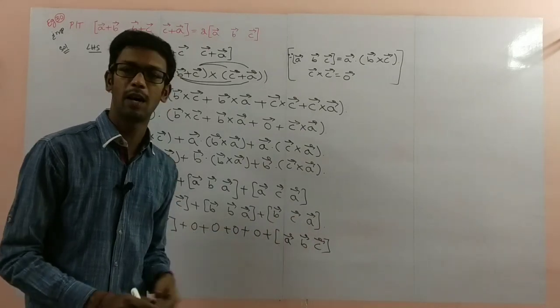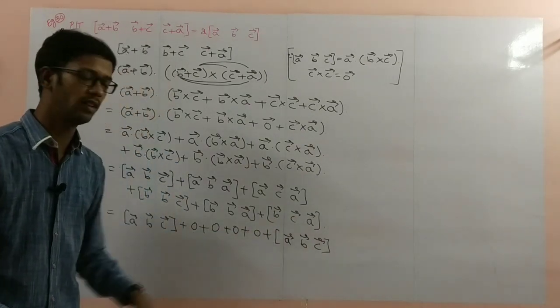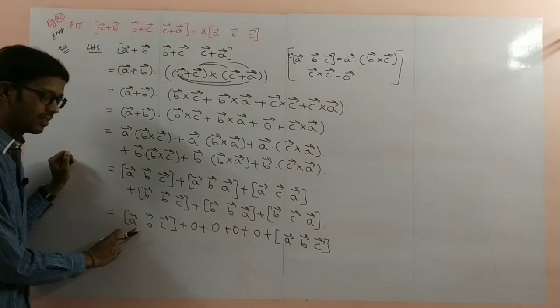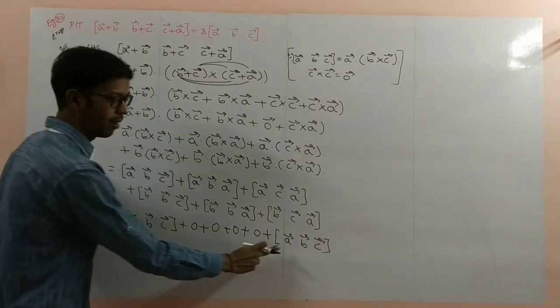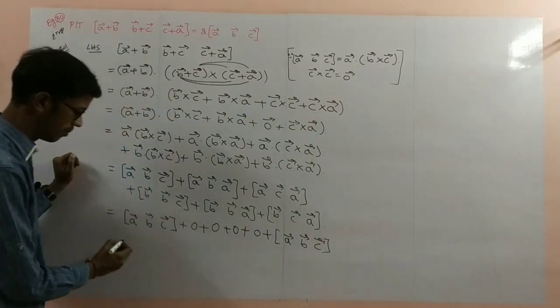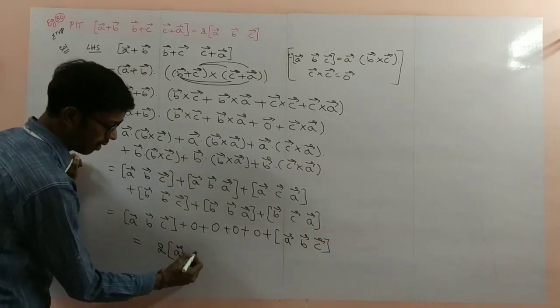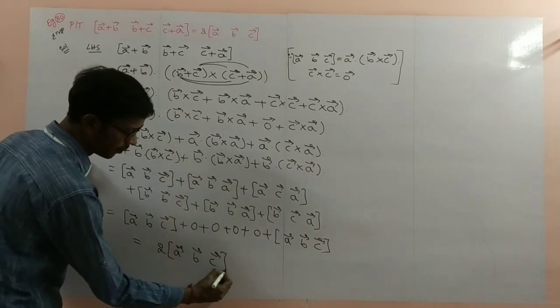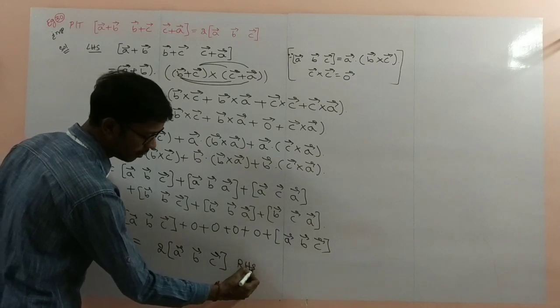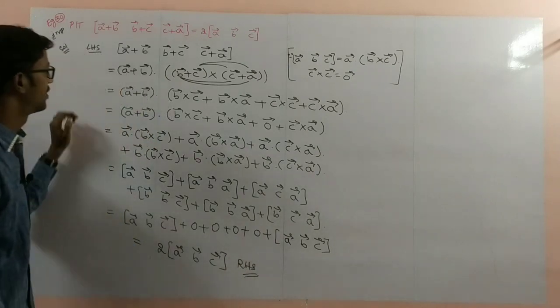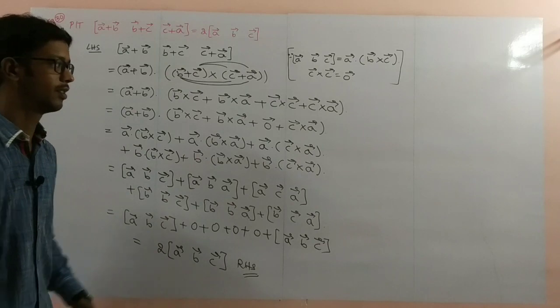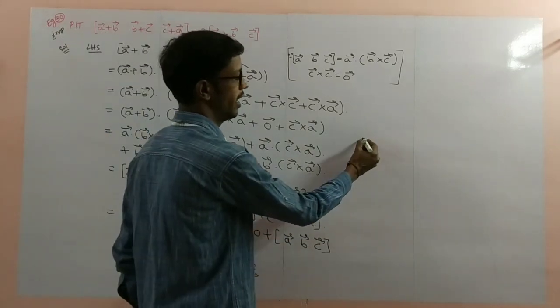So we can directly write plus box of A bar, B bar, C bar. Now box of A bar, B bar, C bar plus box of A bar, B bar, C bar equal to 2 box of A bar, B bar, C bar. This is the RHS part. LHS equal to RHS; the final conclusion we have to write.